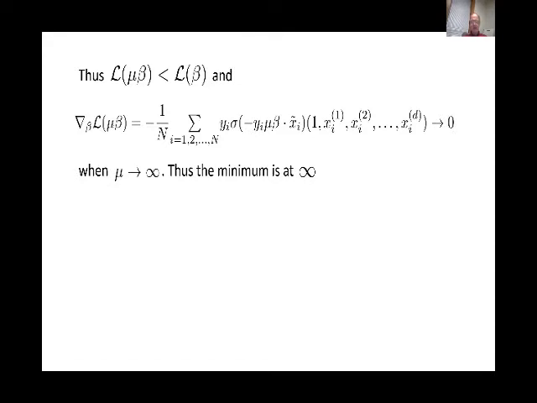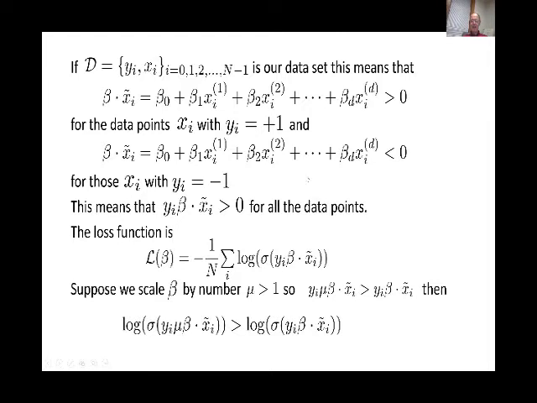Of course, if it's not perfectly separated, then there will be points where this condition does not hold, so there'll be positive and negative terms, and that will turn it into a different situation where there is a minimum.